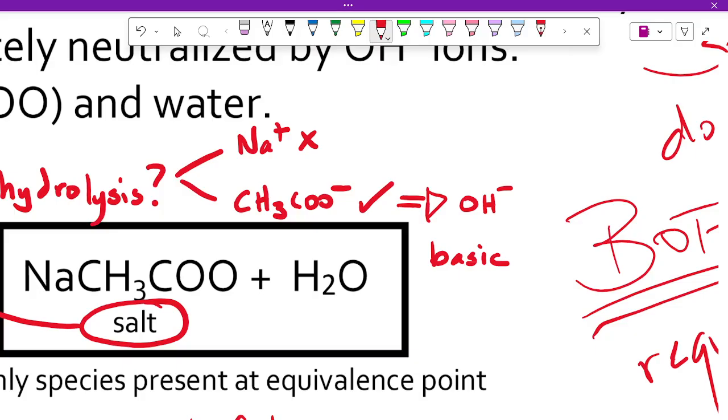So when you are asked, why is the pH greater than 7? It's because the weak acid has all been turned into its conjugate base, and that conjugate base hydrolyzes, and when that base hydrolyzes, it gives you hydroxide.